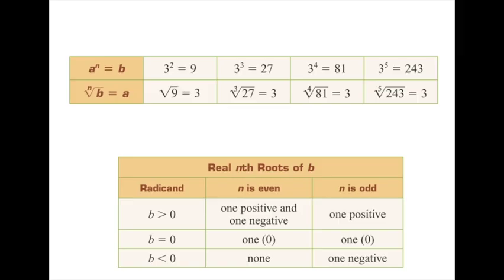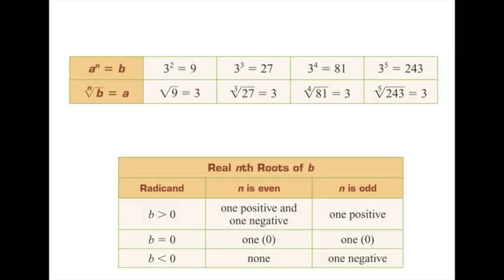A couple things about the numbers here. If b is greater than 0, that means the number you're taking the root of is positive, and you have an even index, like the square root, 4th root, or 6th root, you will have 2 answers. It could be positive or it could be negative.